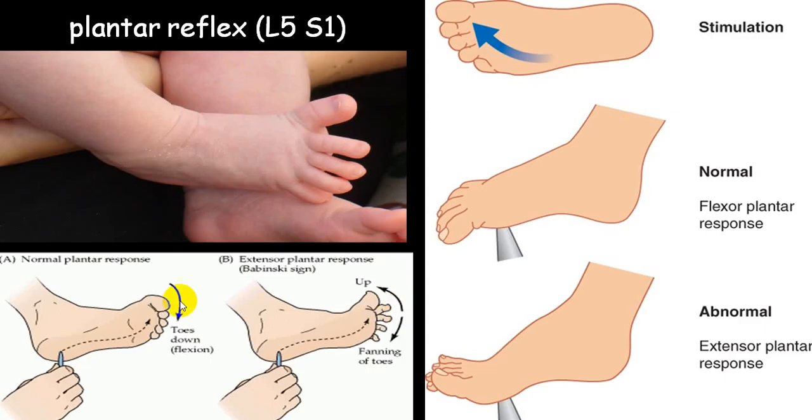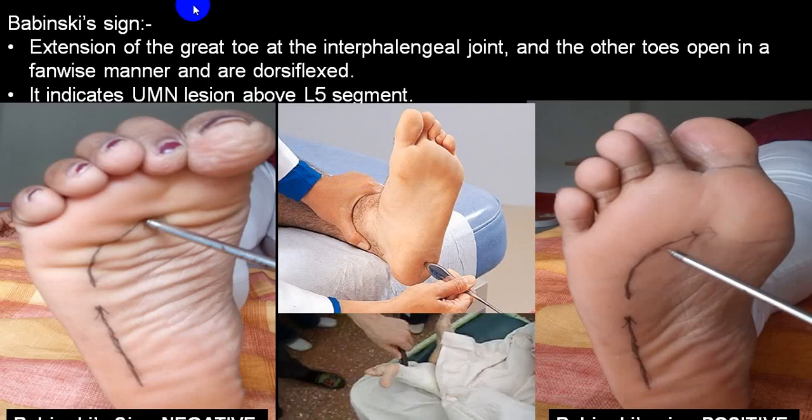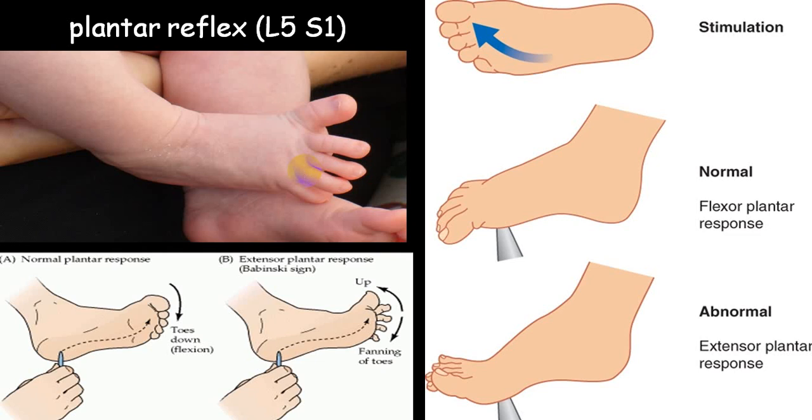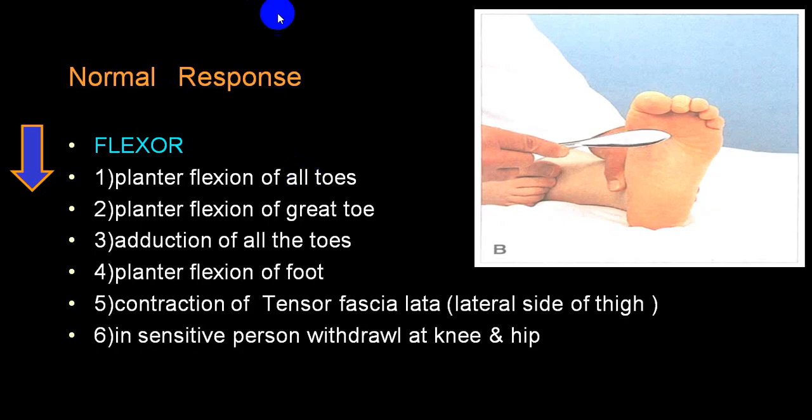So if we mention all the components, I'll go directly to the components. Sorry, this is Babinski's sign. So this is the normal component: plantar flexion of all toes, plantar flexion of the great toe, adduction of all toes, plantar flexion of the foot, plus contraction of tensor fasciae latae on the lateral side of the thigh.